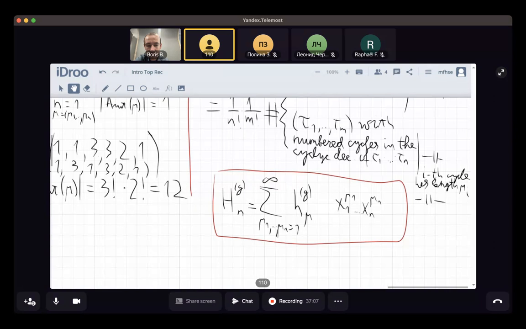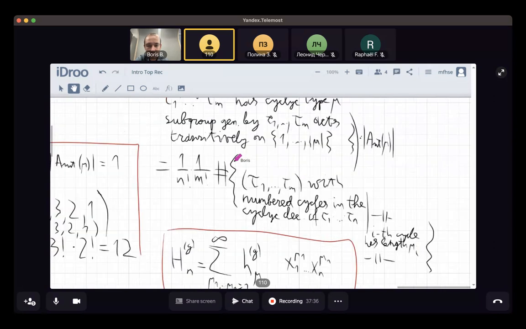Once again, what happens if we go from ordinary simple Hurwitz numbers to monotone Hurwitz numbers? What is changed in this definition? You remove 1 over n factorial, and you require that the τi's are in ascending order.